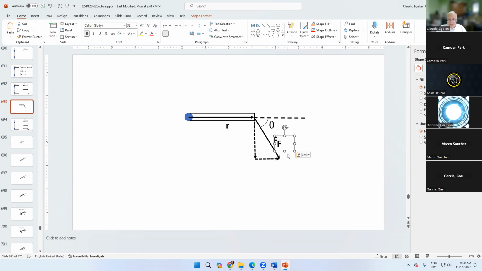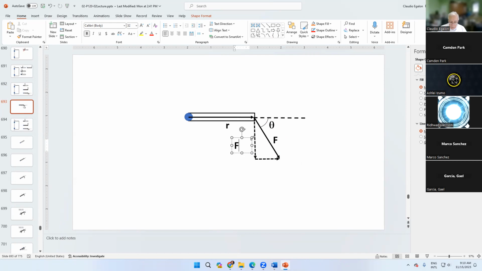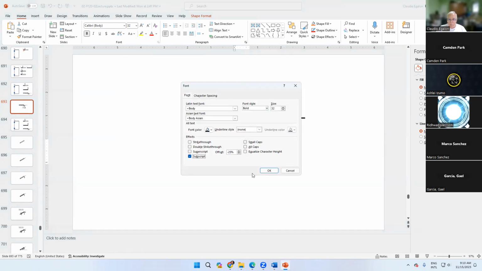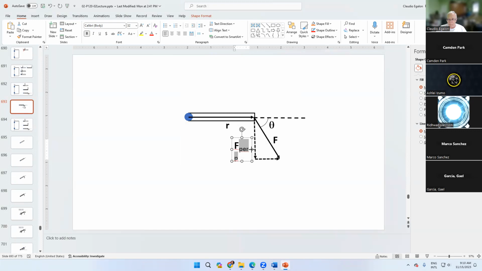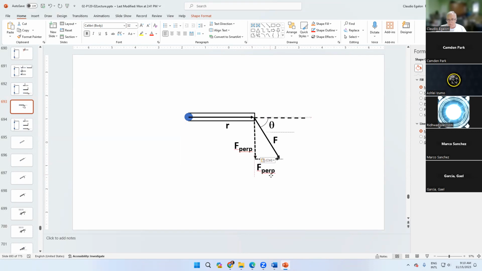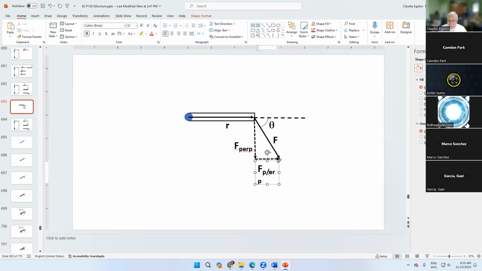So this one here is going to be the component of the force perpendicular to R. And the other one is going to be the component of the force parallel to R. That's the symbol for parallel.